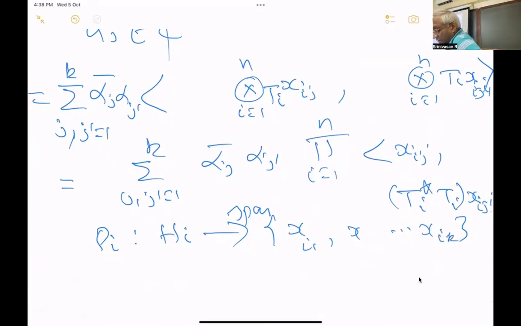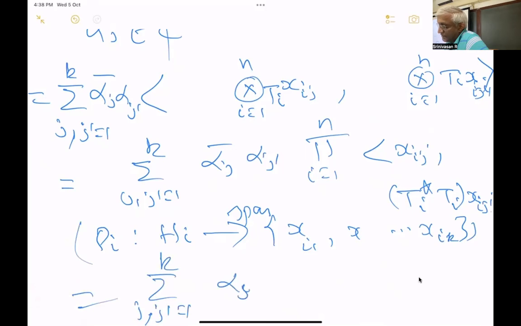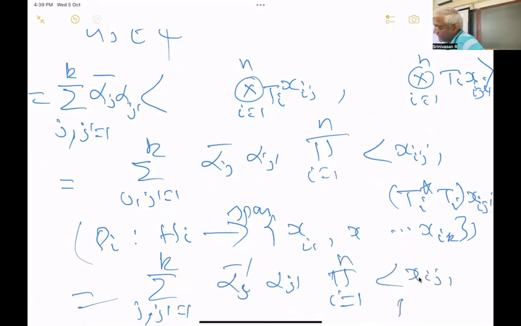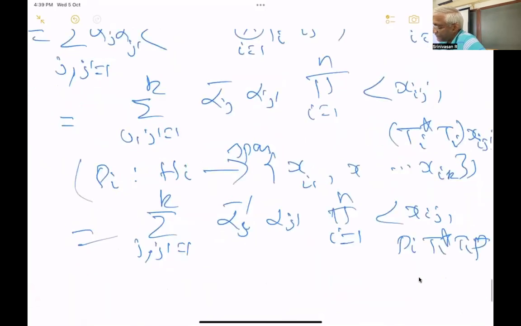So this is a finite rank projection. The range of Pi is finite dimensional. So I can insert this Pi on that side. If you have Pi to be like that, then this is equal to summation j prime equal to 1 to k alpha j bar alpha j prime, Pi of i equal to 1 to n, Xij, Pi Ti star Ti again Pi.